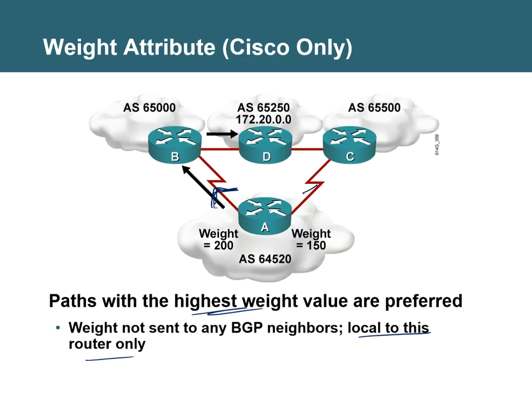Now, you set weight 200 for this neighbor. All the traffic will go this way. If this link fails, then only it will go this way. You understood?